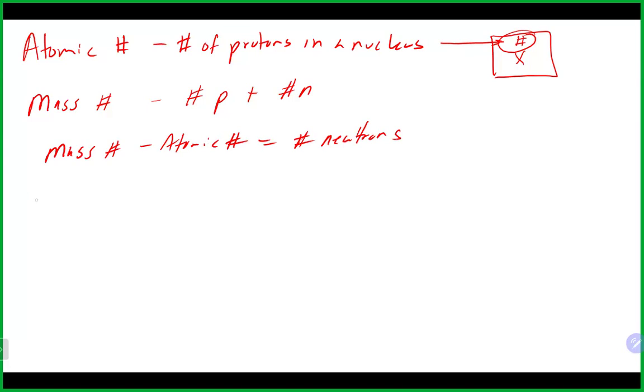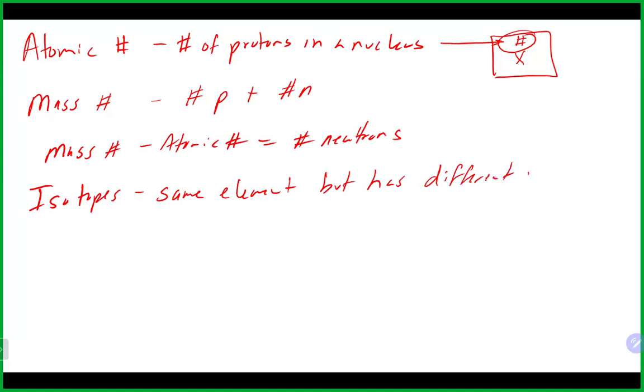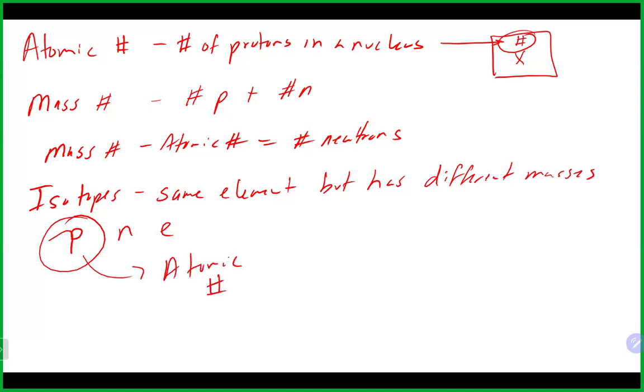We also talked about isotopes. Isotopes are basically the same element, but have different masses. And as we talked about, out of protons, neutrons, and electrons, it is the proton, which is basically the atomic number, that is the most important thing, as on the periodic table.